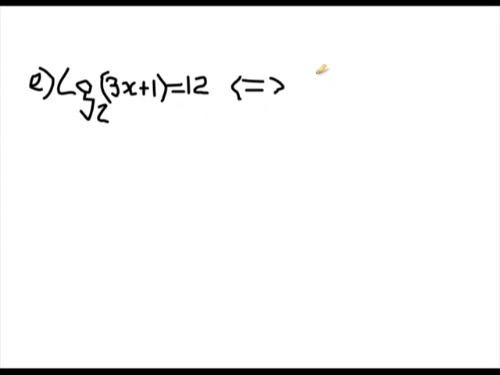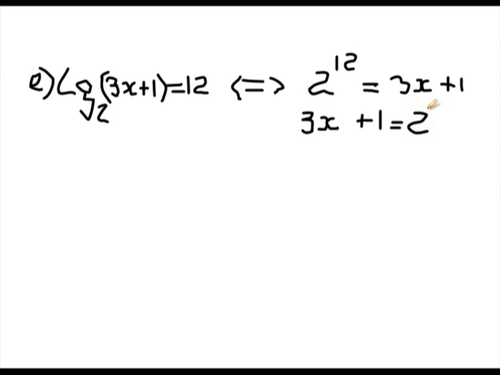So I can say 2 to the power of 12 equals 3x plus 1. Or I can write the same thing as 3x plus 1 equals 2 to the power of 12. From there it will be easy to solve for the final value.